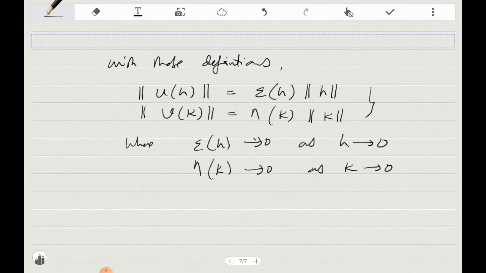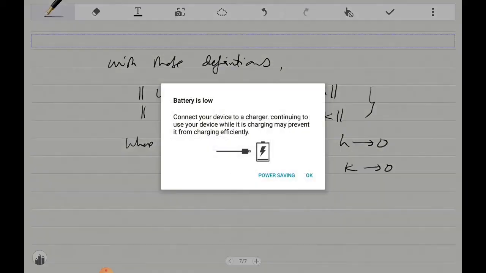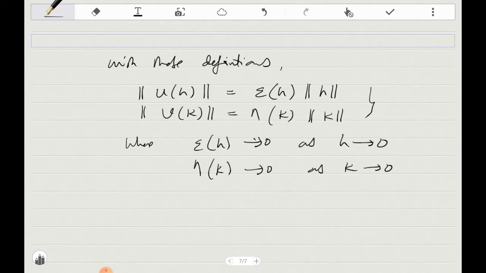Okay, so I'm also going to define, now this is the point where things can become a bit imprecise if one is not careful enough.